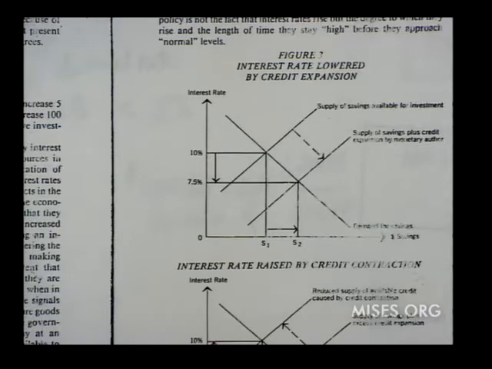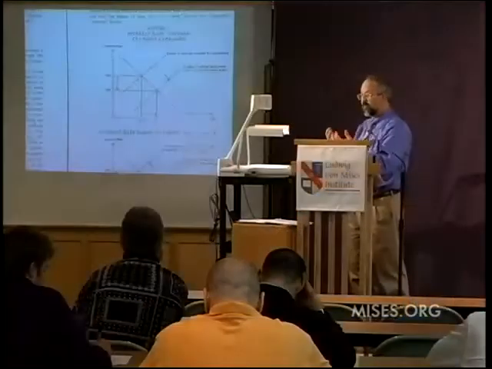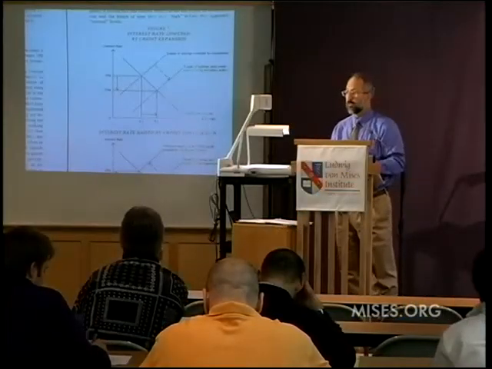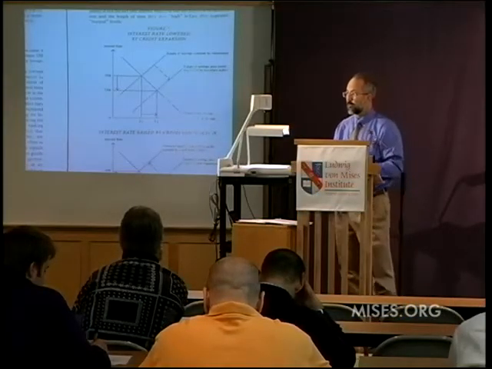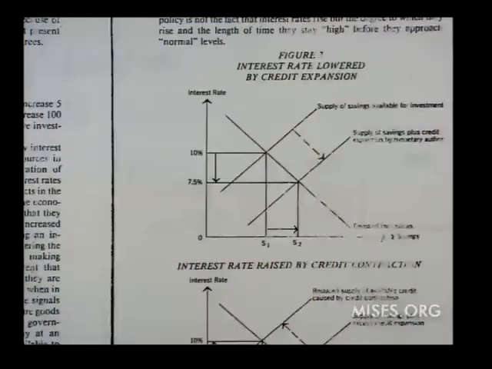In order to get people to borrow the new money, or the reserves that have been injected into the banking system, at 10%, people are borrowing as much as they want to. To induce them to borrow more, what do you have to do? You have to lower your interest rates. So the supply shifts out with the new credit created by banks.